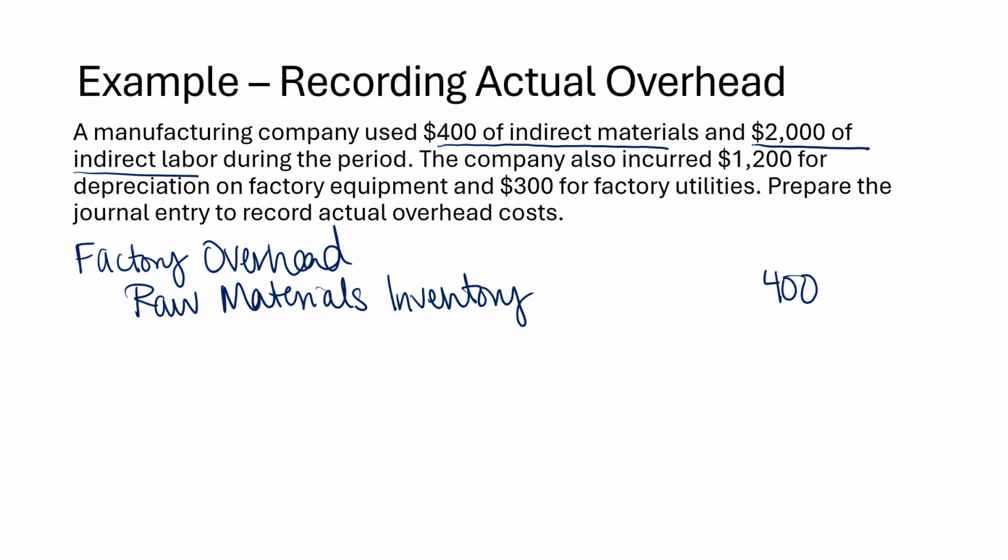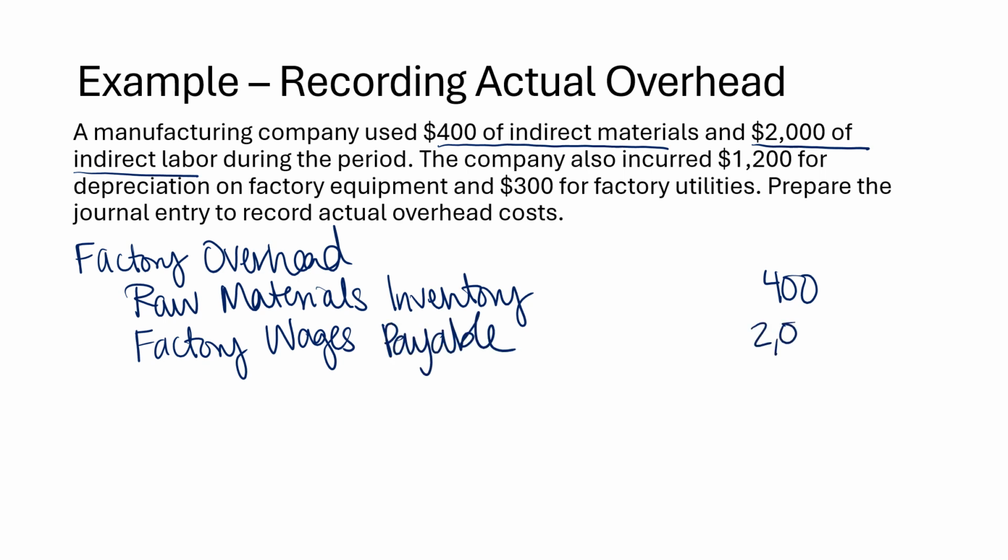So in terms of the source document, it would be some type of time ticket, and that would need to be recorded to factory wages payable. So we credit factory wages payable. And that amount is $2,000.